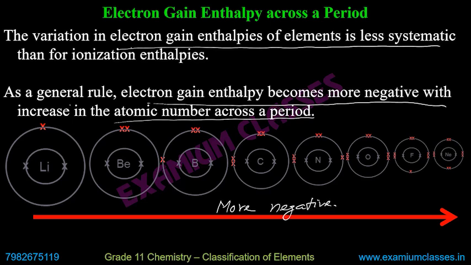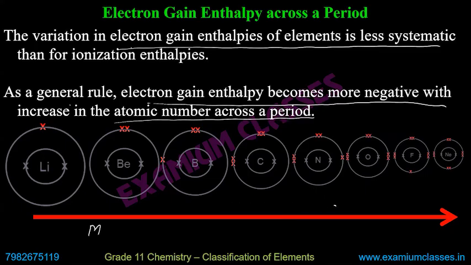It means the magnitude of the energy released increases. Negative just means that energy is being released. Negative does not mean that energy is decreased. So it means the magnitude is increasing.